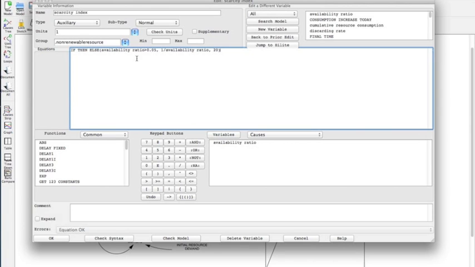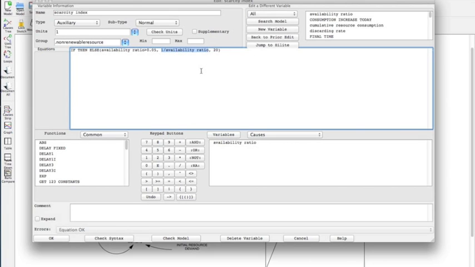And so I introduced here that the model should run as long as there is an availability ratio that is greater than 5%. So if your consumption reaches more than 95%, that basically means that you've essentially run out of the resource for all intents and purposes. And so that scarcity index is calculated as the inverse of the availability ratio.